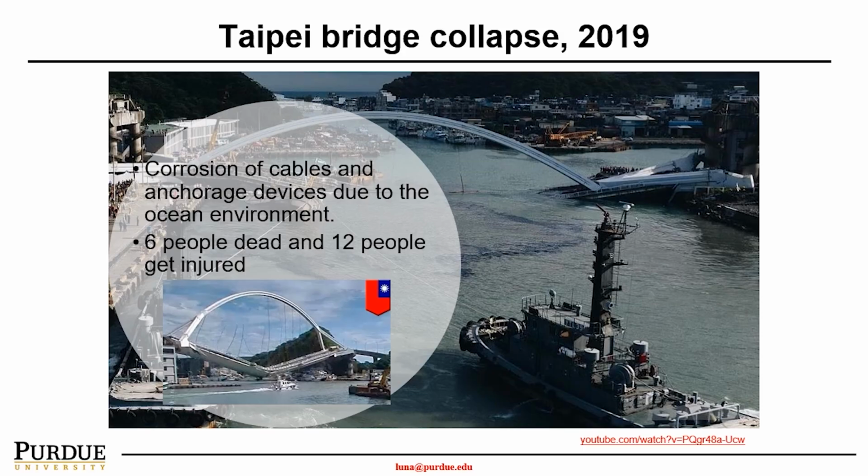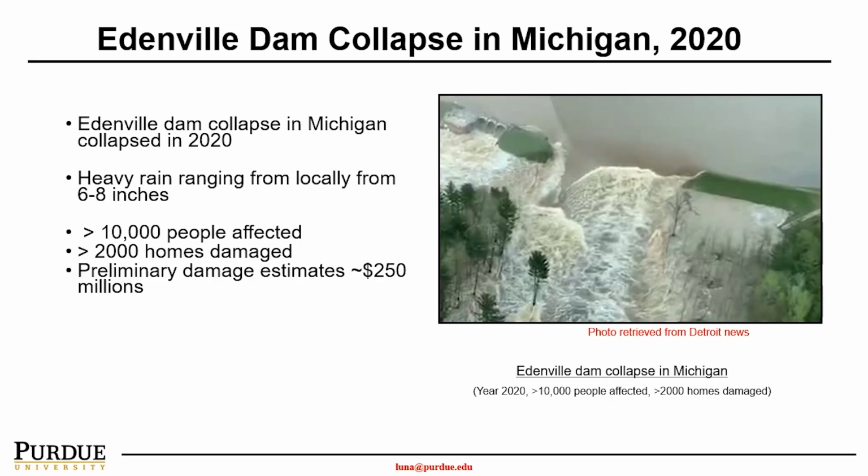Again, the cause is a very small crack on the cable due to corrosion of the cable and the anchorage devices. If this crack had been identified earlier and repaired, that type of tragedy could clearly be avoided.